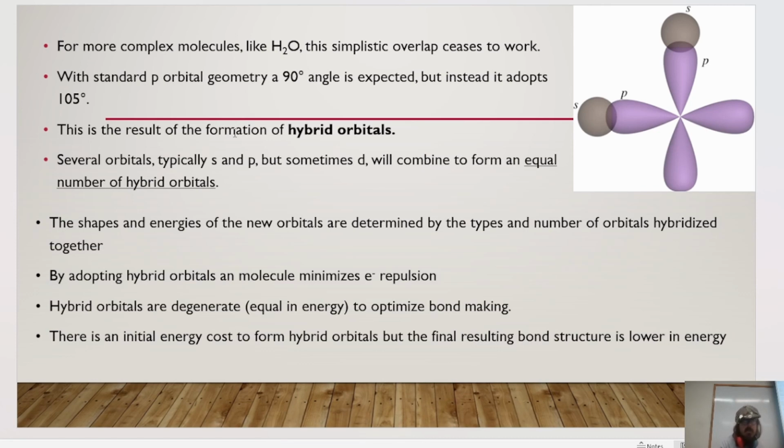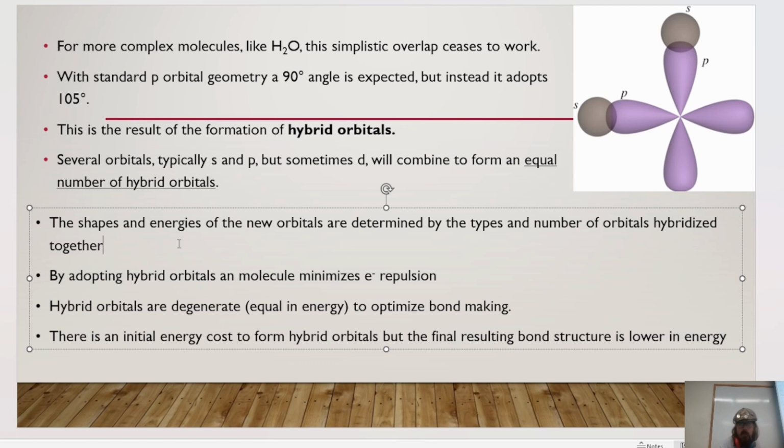It's like I'm mixing them together, like a human-fly hybrid. Or maybe, I don't know, Guardians of the Galaxy 3, making all the human-animal hybrids. So we're hybridizing orbitals in order to stabilize these.